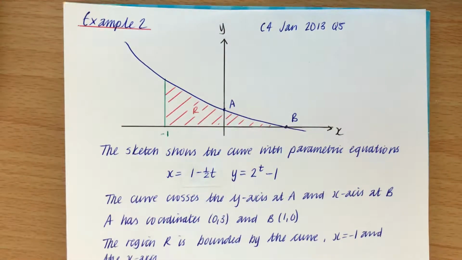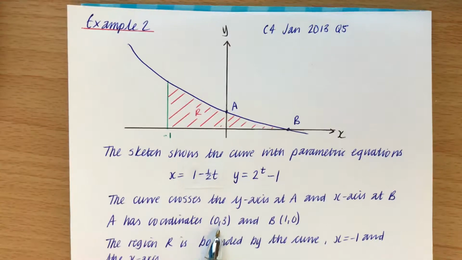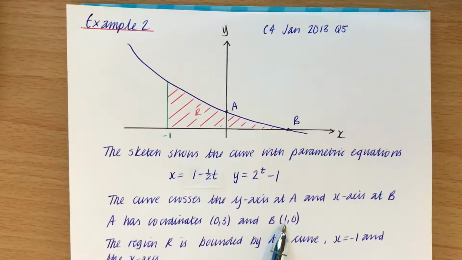Example 2. Sketch the curve with parametric equations x equals 1 minus a half t, y equals 2 to the t minus 1. The curve crosses the y-axis at A, which has coordinates 0, 3, and the x-axis at B, which is 1, 0.